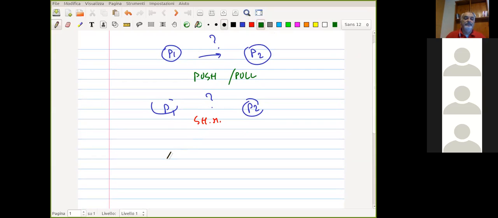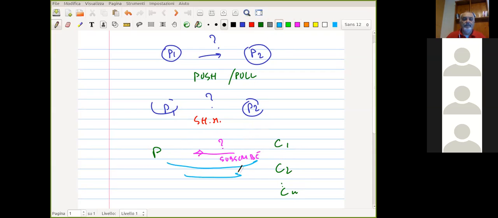More complex: producer, consumer 1, consumer 2, and consumer N. You have to say how to subscribe, and how to get information.